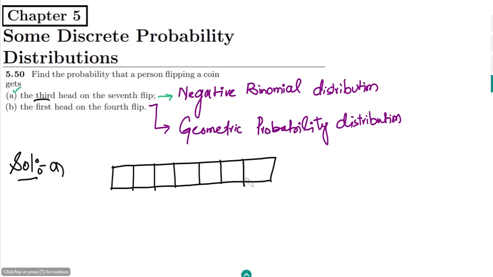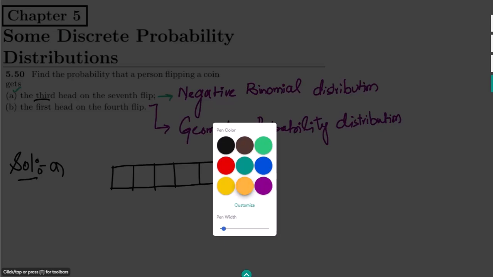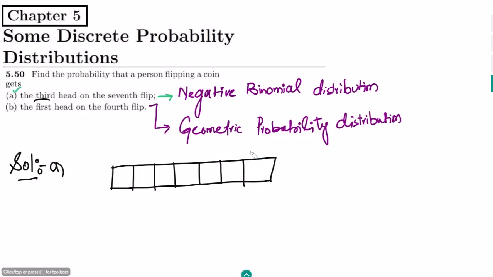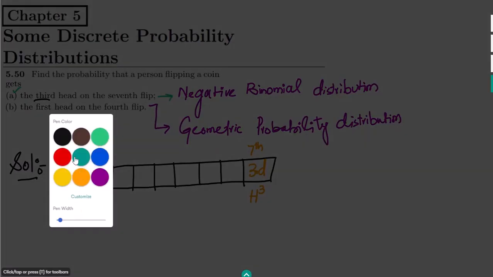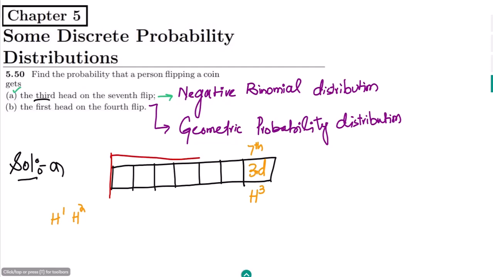This is the 7th slot, and here we have got our third head, so let me call it H3. H1 and H2 will be somewhere in the remaining 6 slots.